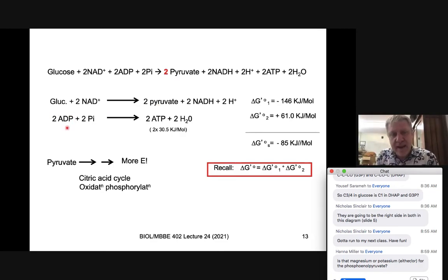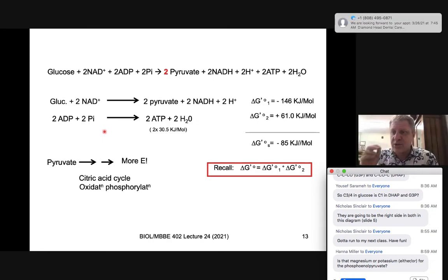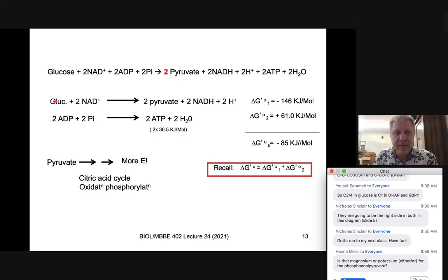Now we have ADP and Pi, inorganic phosphate, producing ATP and molecular water. And again, we've got to think about the comparative summation and the right orientation of those delta G prime zeros. We have glucose on the left-hand side and pyruvate on the right-hand side, so the orientation of this particular reaction is correct.